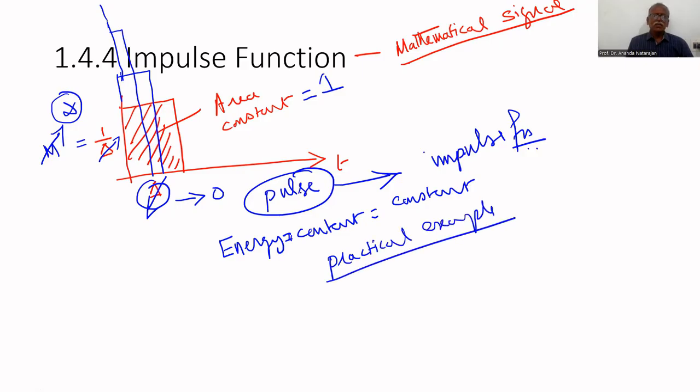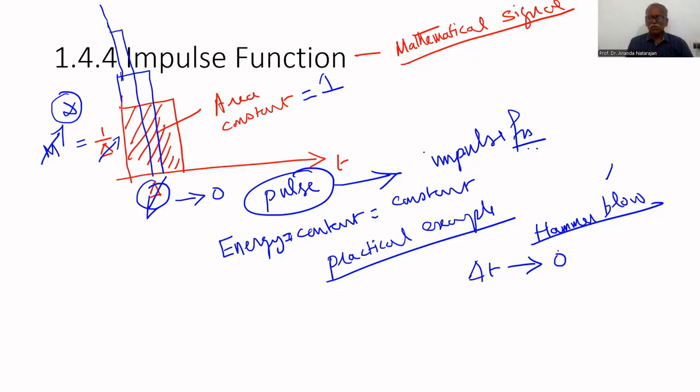A practical example of an impulse function is a hammer blow. If you give a hammer blow, then that is called an impulse function. The contact duration of the hammer and the surface on which we gave the blow, delta t, should approach 0.